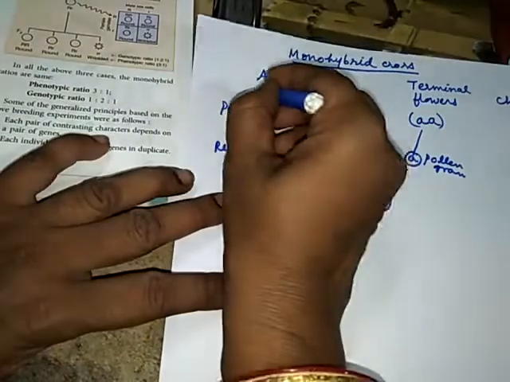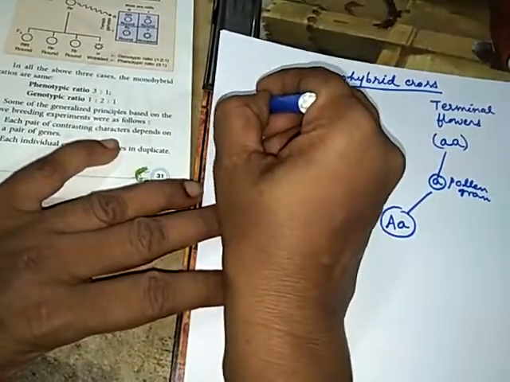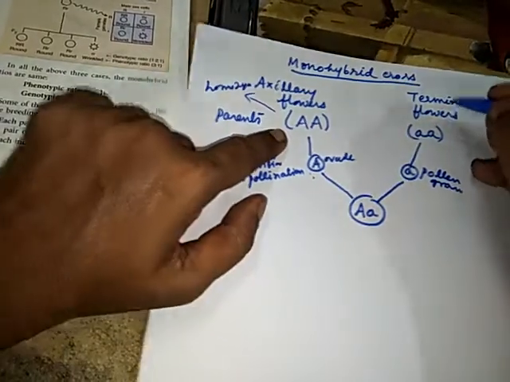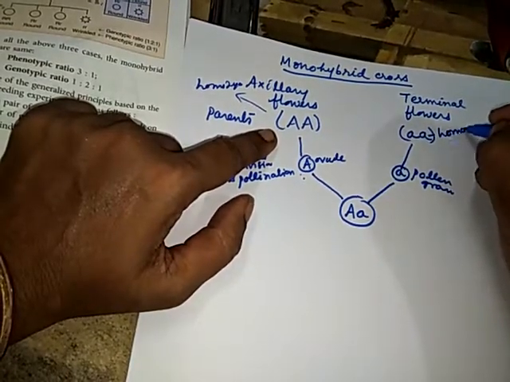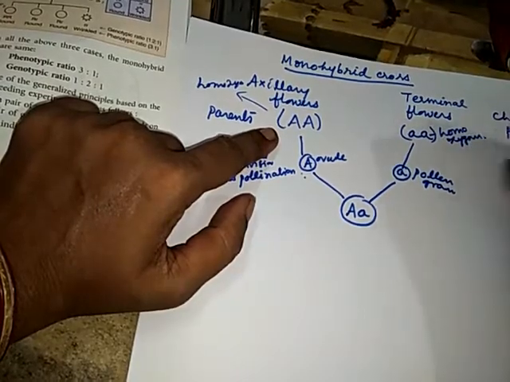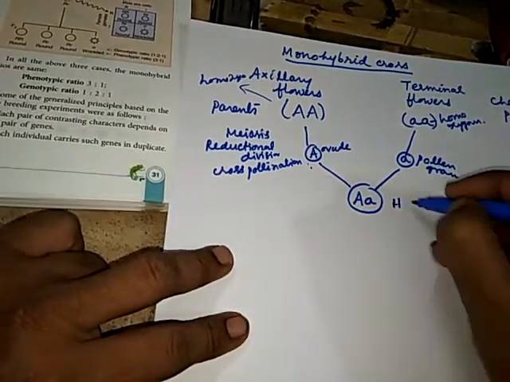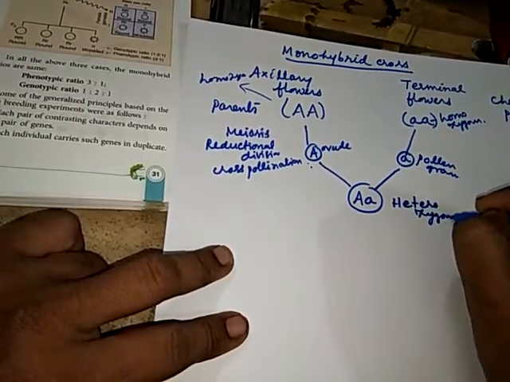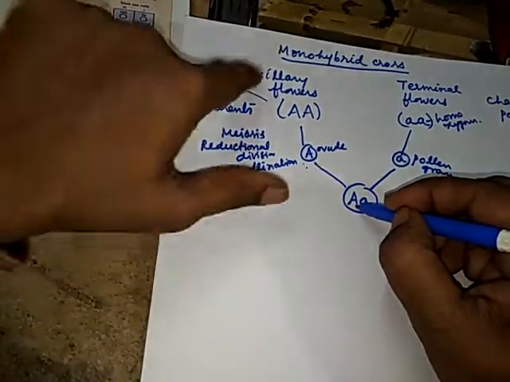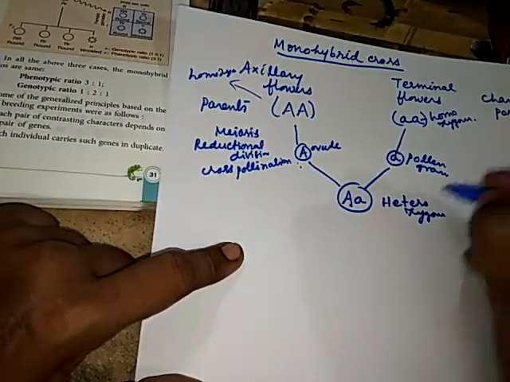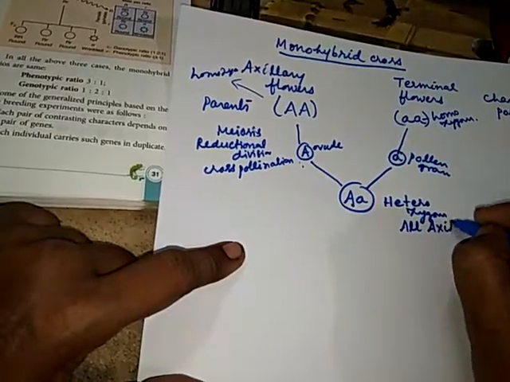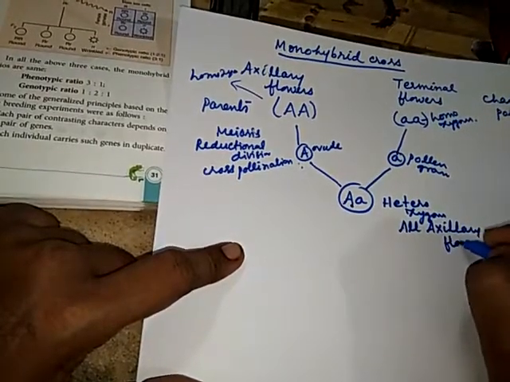In both parent cases the plants are homozygous, because both alleles express the same character. But here we got a heterozygous result, and since A, axillary, is dominant, all the flowers are axillary.